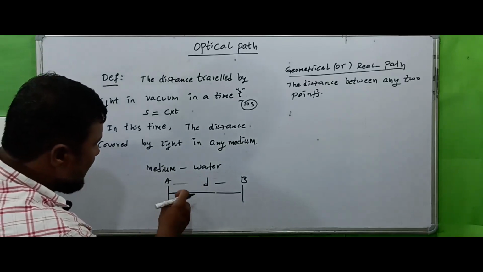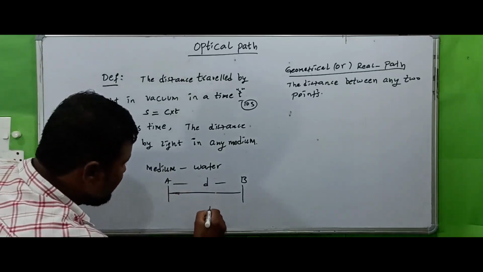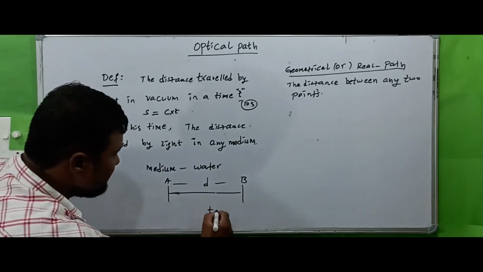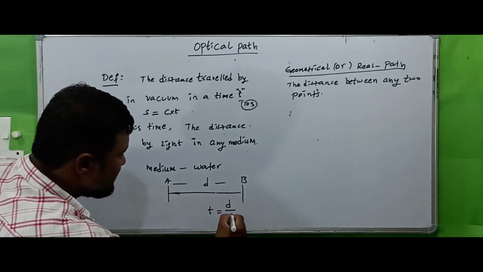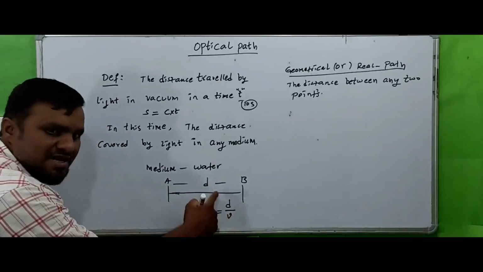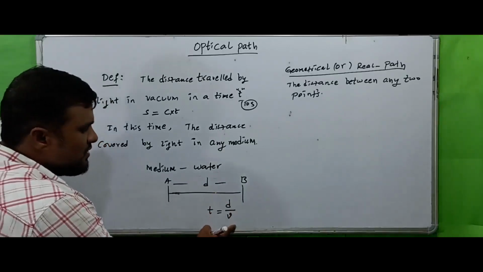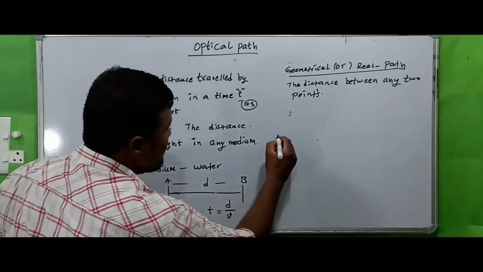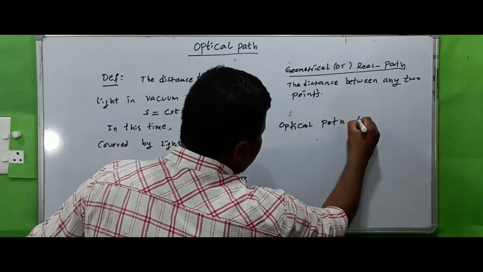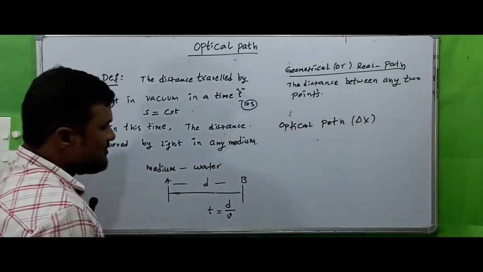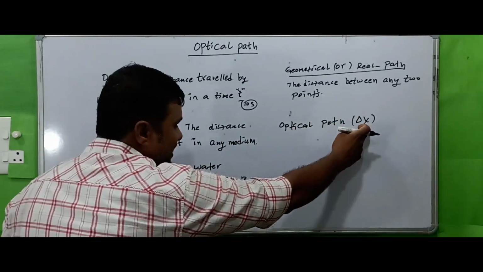Now the light travels in this medium. Can I say the time taken to travel a distance d is t equal to distance d by speed of light in the medium? So the medium is water, so t equals d by v. Now, the optical path is denoted by delta x.